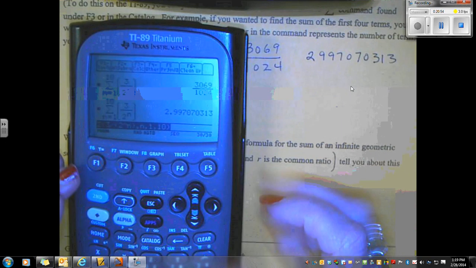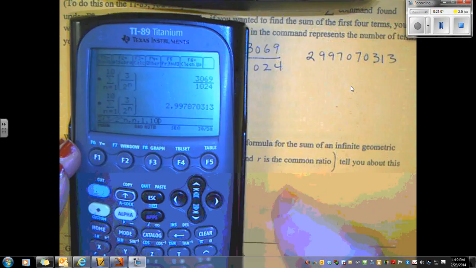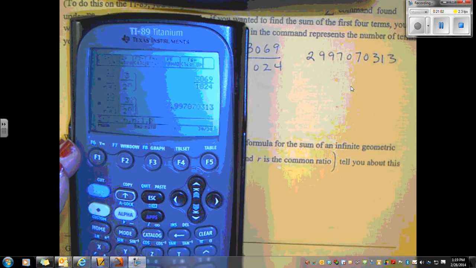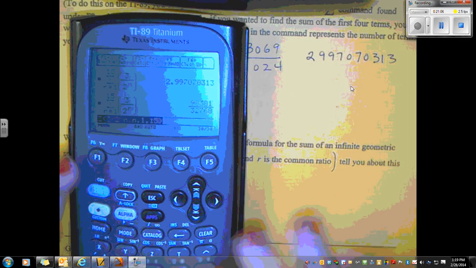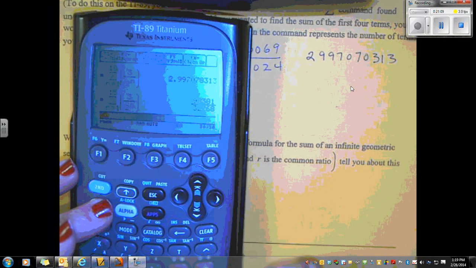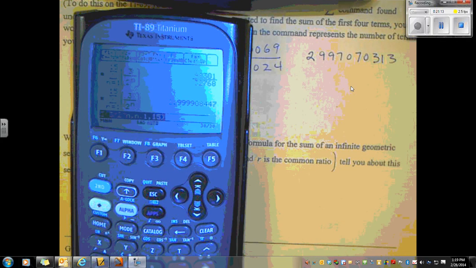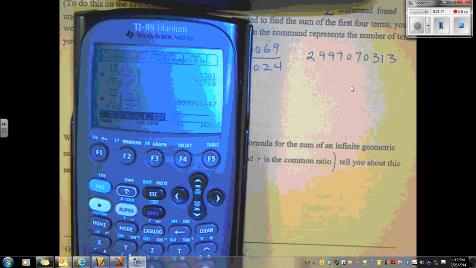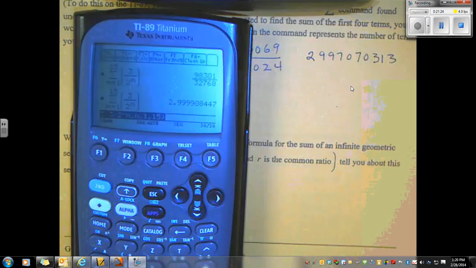Well, why don't we see what it would do if I asked for 15 terms? It gives you a bigger one. Still almost 3. Okay, so it seems to me like it keeps getting closer and closer to 3, right? You could experiment by putting different things in there and seeing what's going on.